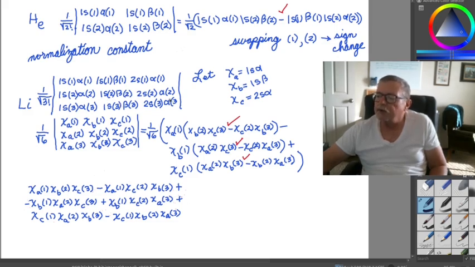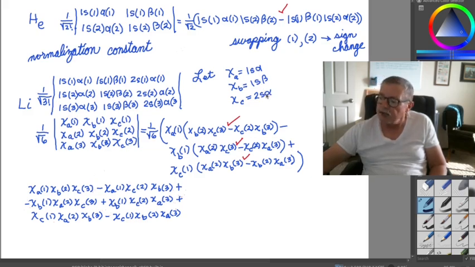Now, to keep our notation a little bit simpler, let me say x sub A equals 1s alpha, x sub B equals 1s beta, and x sub C equals 2s alpha. Those are the three orbitals, really, that we're talking about.